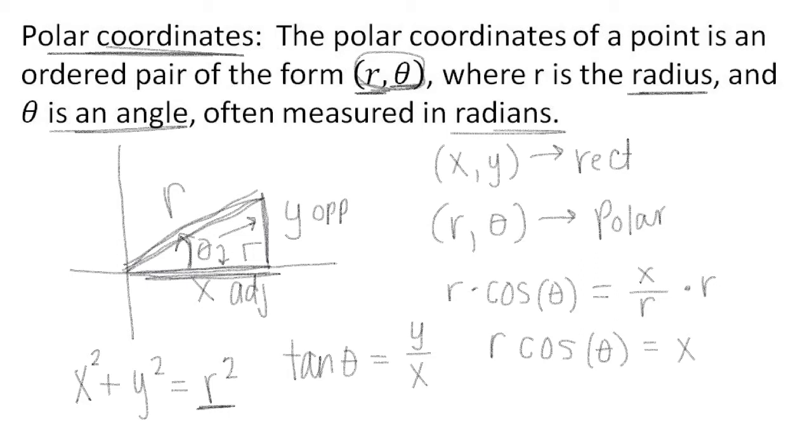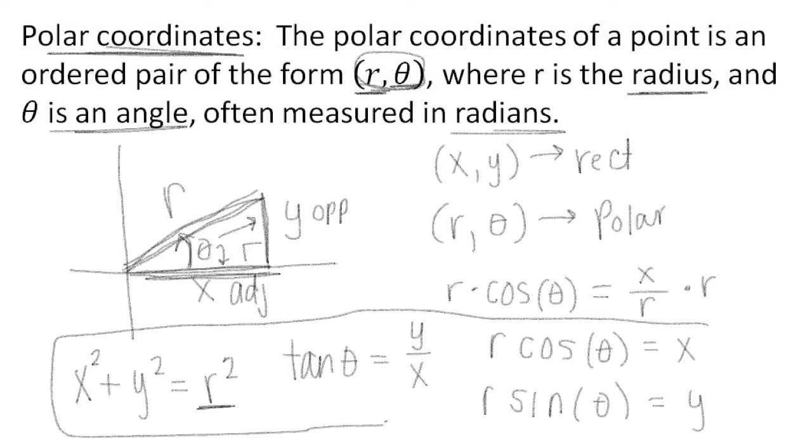The same would be true for y and sine. Sine is y over r, so r times sine of theta gives me a nice conversion for y. So we have a way to convert between the two. If we keep in mind these conversions, that's going to help us, but also knowing where these came from will be useful.